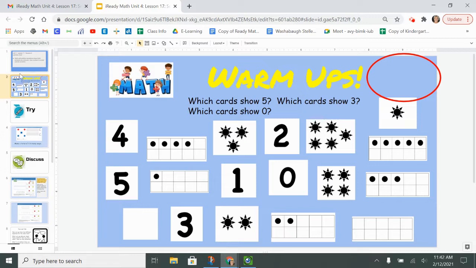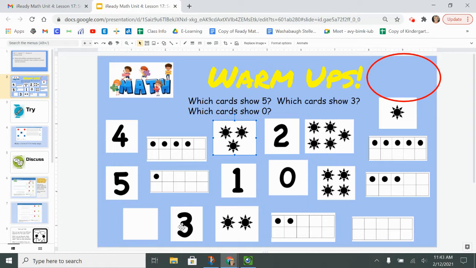All right, let's warm up. First thing I want you to do is point to the cards that show 5. Good. Good. Good. 5. Now let's point to the cards that show 3.